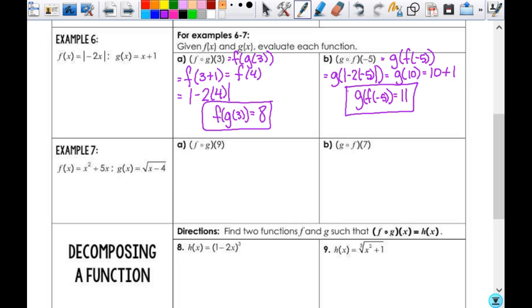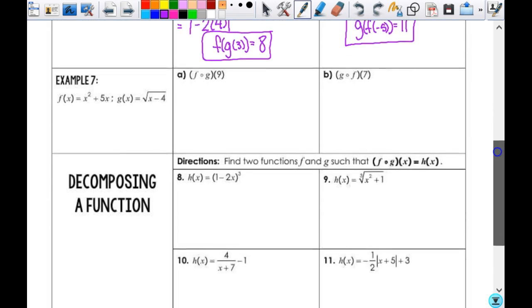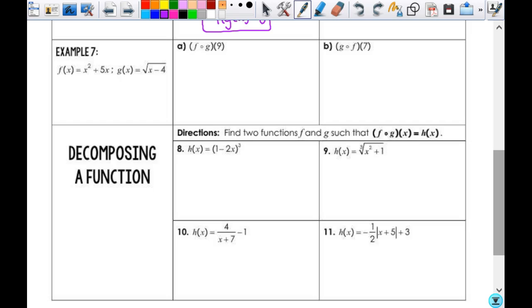All right, did you get 11? Yes. Any questions? Okay. So then do f of g of 9. Do a and b on 7. I'll give you a couple minutes to get both of those done.